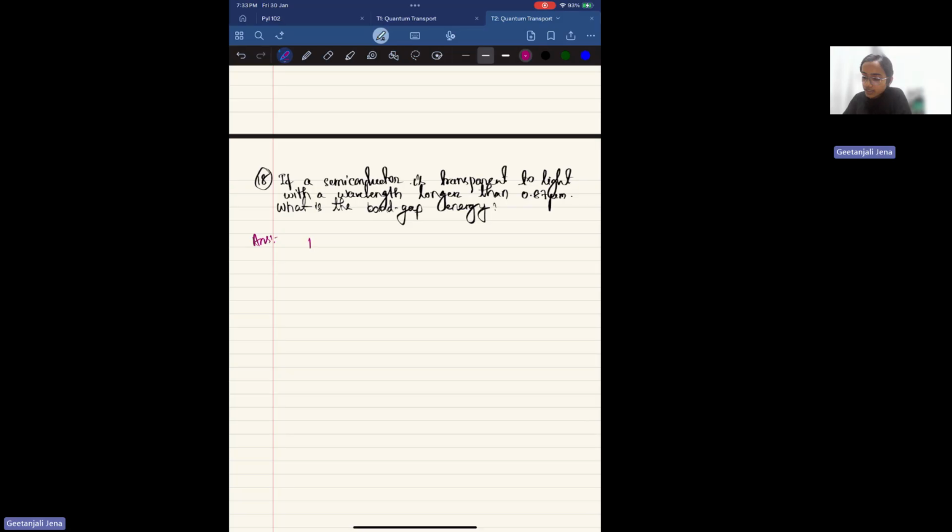So Eg now will be hc by lambda. h is 6.625 times 10 to the power minus 34, c is 3 times 10 to the power 8, and lambda is 0.87. So this will be 1.42 electron volt.